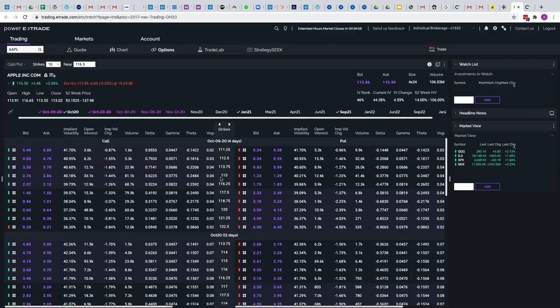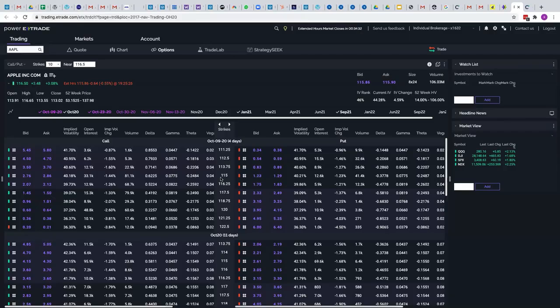That means it will check if you have the money required to buy. Let's say you have one option. It will require buying the 100 shares of Apple at 115, and it will assign it to you. That means next Monday morning, you come in and see you'll be having 100 shares of Apple sitting in your account for $115.